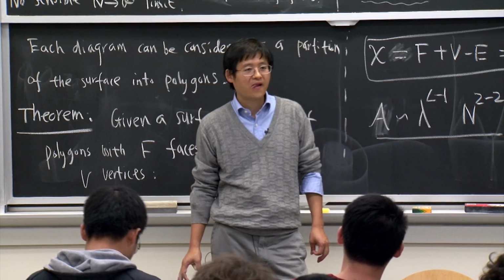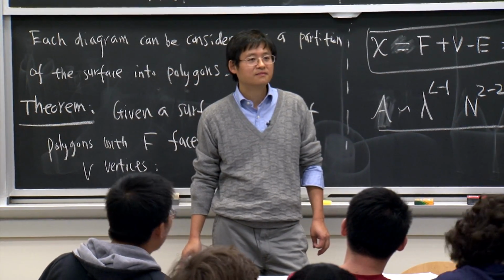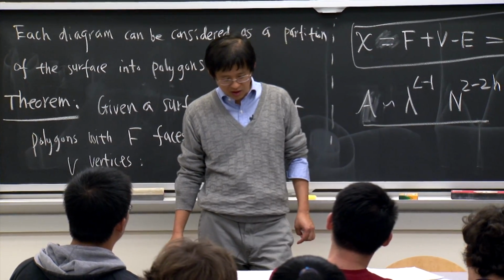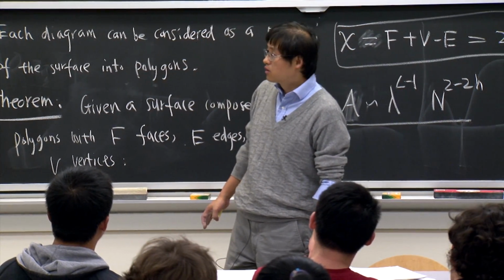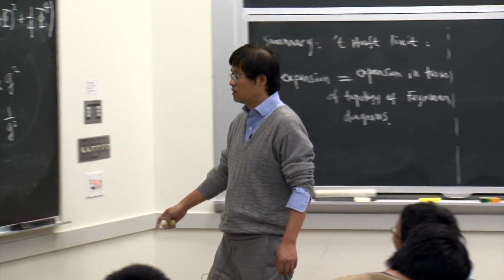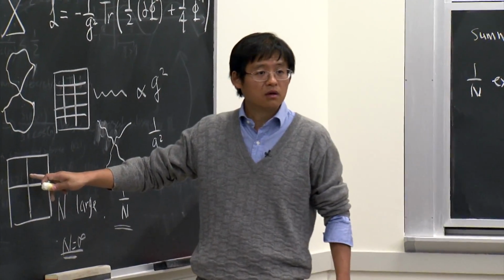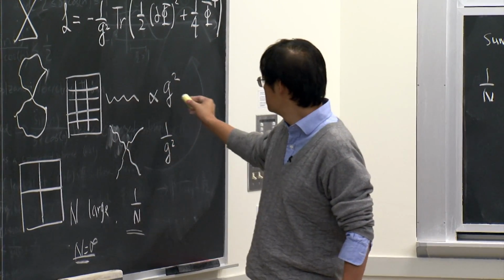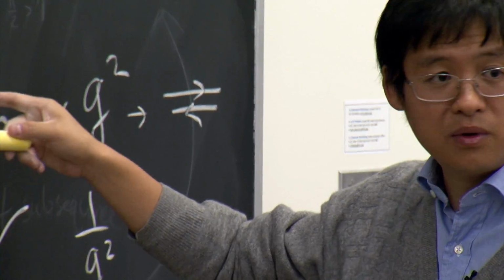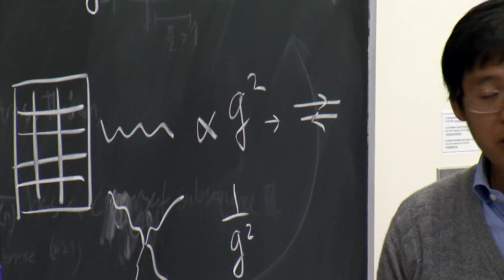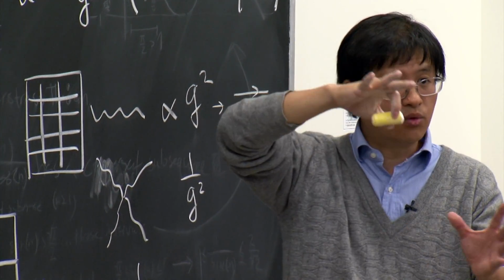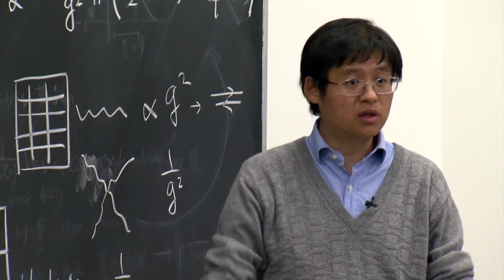Yes. And why are they always orientable surfaces? That's a good question. It's because those lines are orientable. Because when we draw this double line, you have this double line. Essentially, those lines have a direction, and so those Feynman diagrams actually have a sense of orientation.